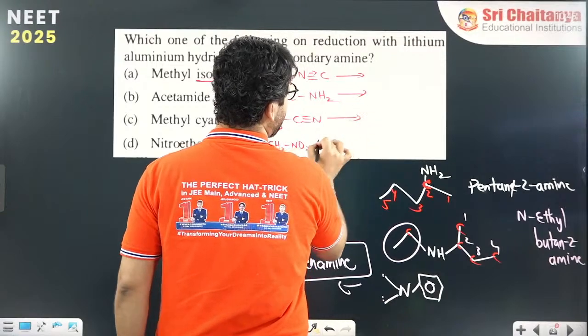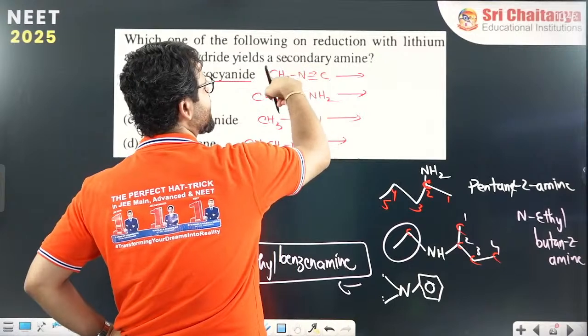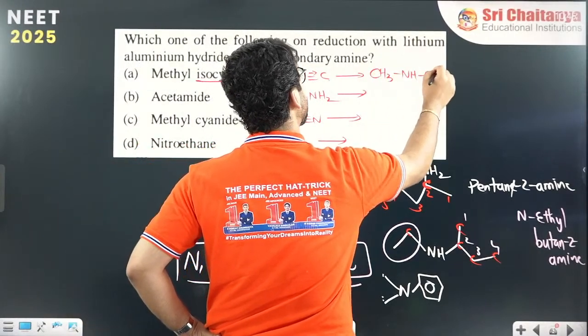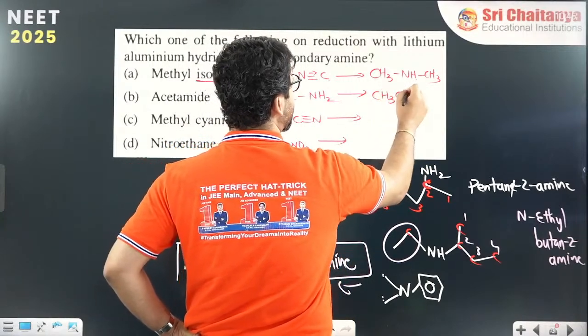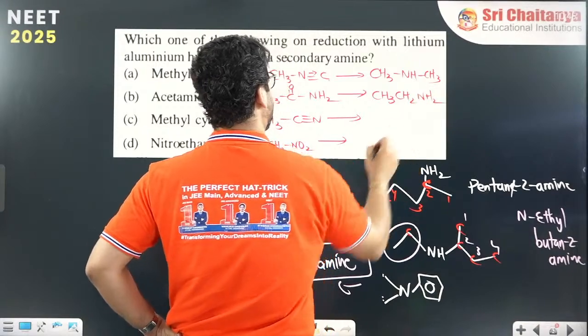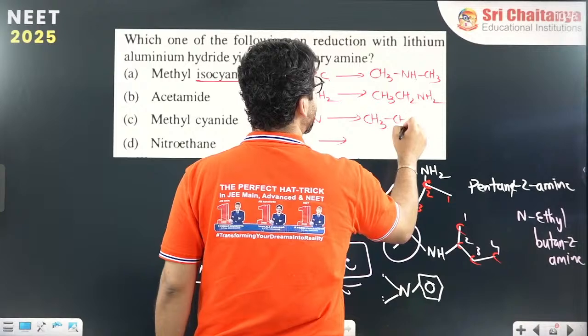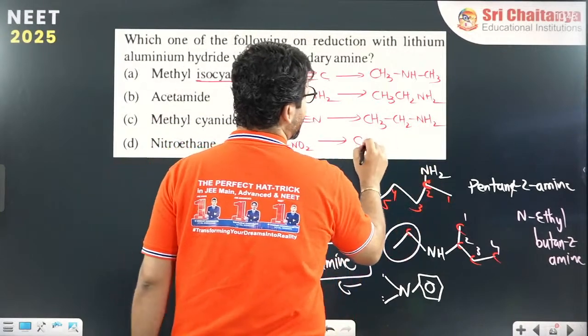So whenever you take an isocyanide, it will always give you a secondary amine. This side also it will become CH3, this side also CH3. So CH3NHCH3. Amides will give primary amine only, CH3CH2NH2. Nitriles will also give primary amines only. And nitro also will give primary amine.